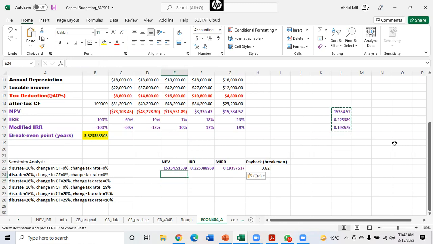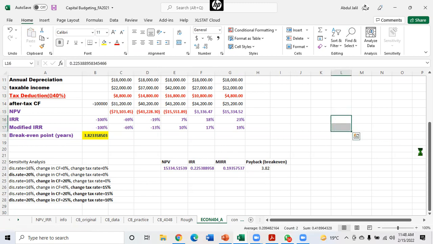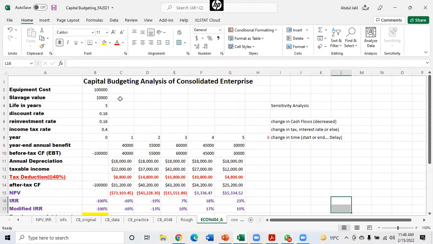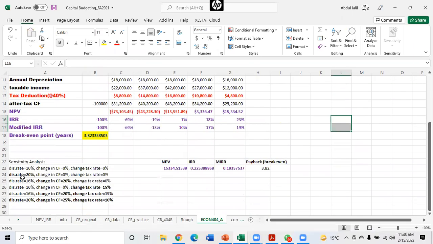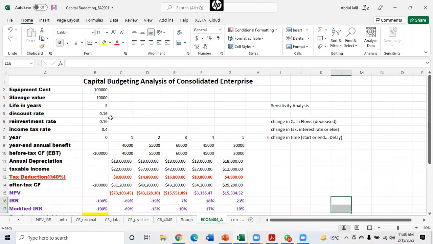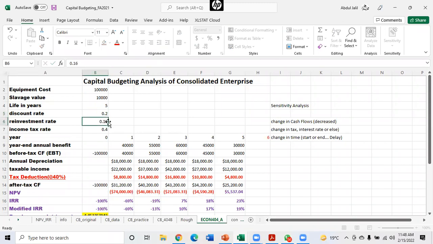Now what happens? We are going to apply some changes. Let's suppose the first change to be incorporated is that the discount rate needs to be 20%. What will happen if the discount rate is 20%? I'm just going to change this to 0.2, and keep one thing in mind, this is important: the reinvestment rate should change accordingly.